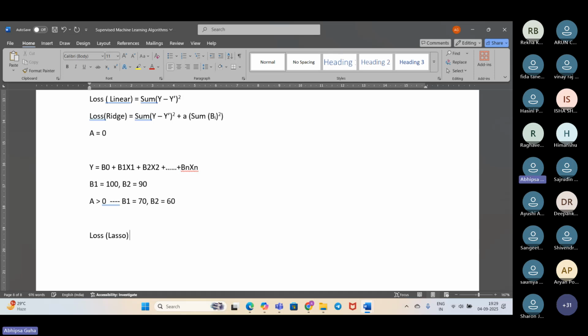For lasso, we take into account the SSE value, that is the sum of (y minus y bar) whole squared, which is the sum squared error, plus we take this alpha value and do a sum operation over the modulus of bi, that is the coefficient.